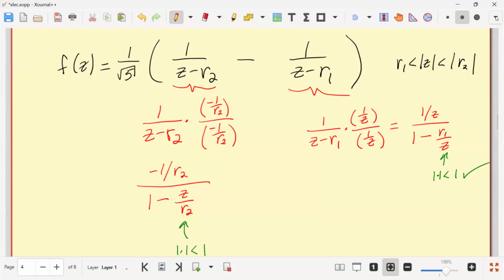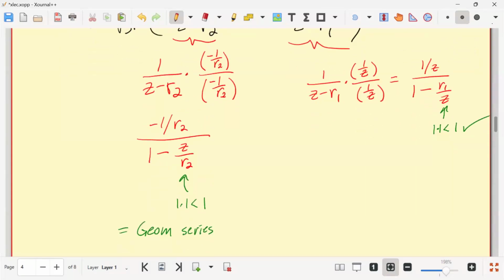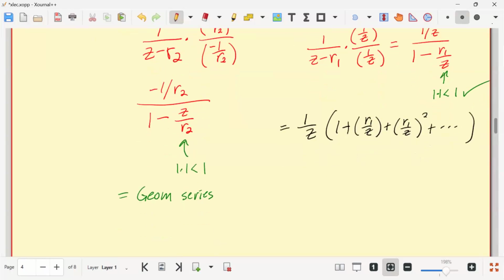Okay, and so now I can play the usual game and write that as a limit of a convergent geometric series. Notice I have a 1 over z in the front now. That's 1 over z times 1 minus r1 over z, oh no, plus 1 over r1 z plus 1 over r1 z squared plus etc. And so I could write out the coefficients now.